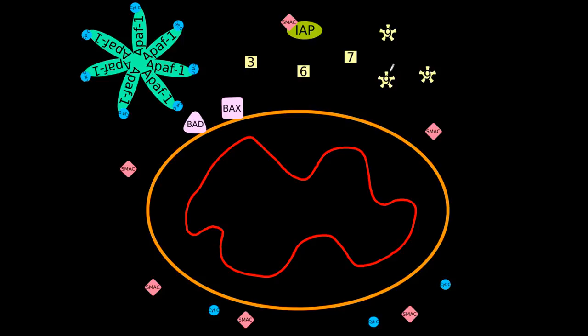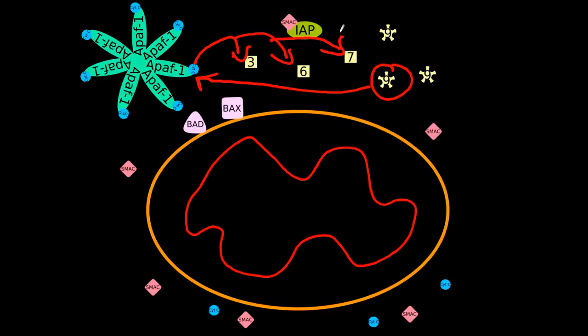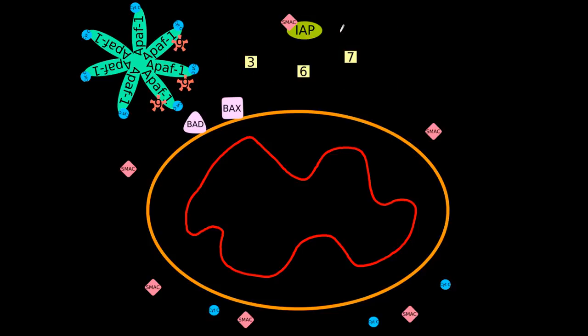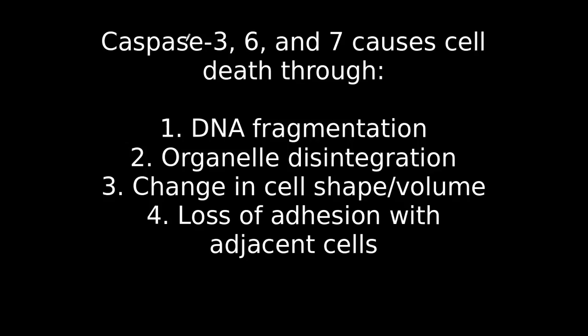So here we go. Caspase 9 is going to bind to APAF1 and become activated, and then it is going to bind to and activate caspase 3, 6, and 7. The executioner caspases cause cell death through a variety of ways.